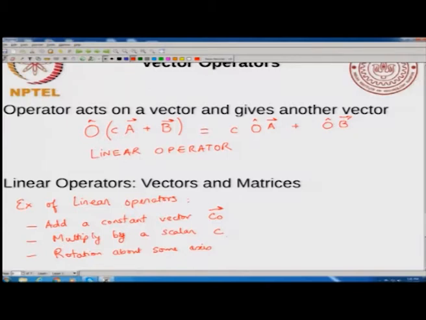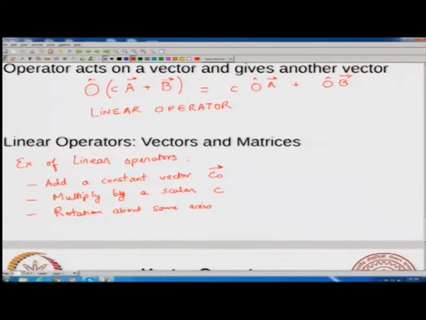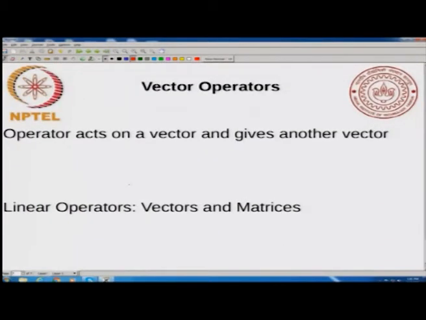Okay. So, an operator that is not linear.